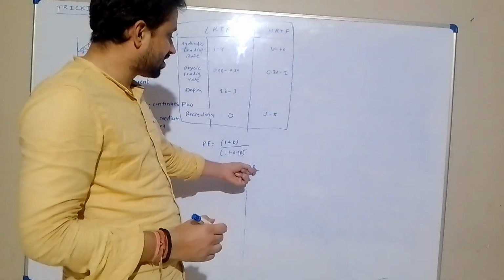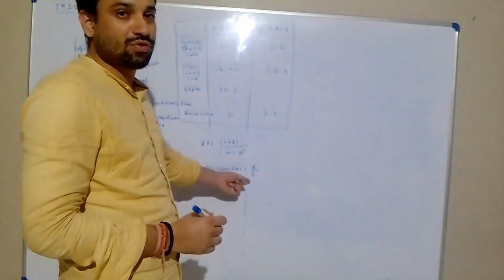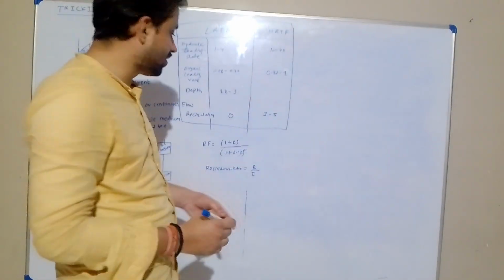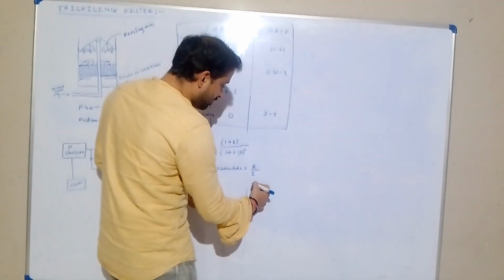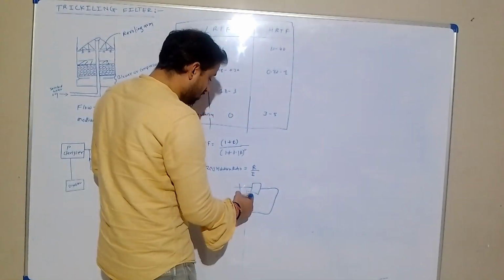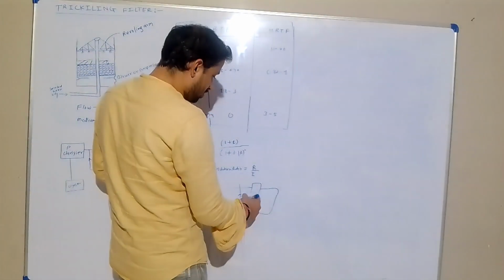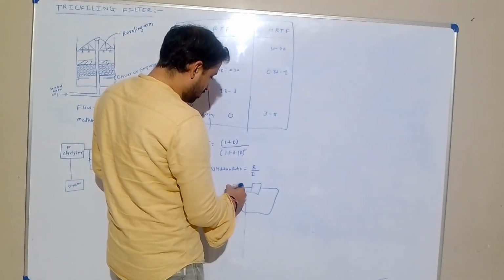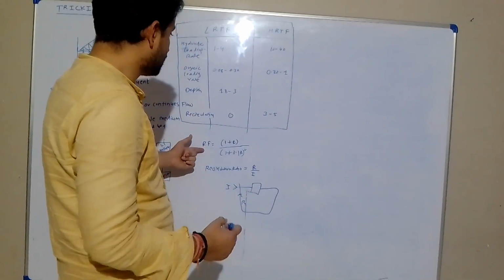Recirculation ratio is the recirculated flow to the influent flow which is entering through the filter. So this is the filter.